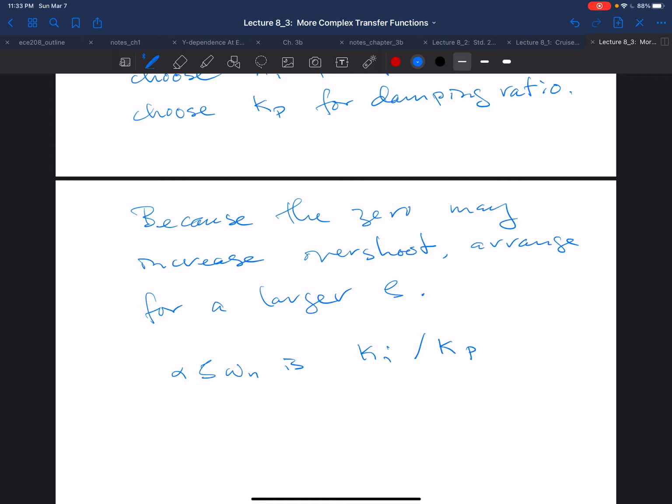Okay, so if, for instance, we choose a Kp that is quite large relative to Ki, well, we'd have to take into account the real part of the poles too.